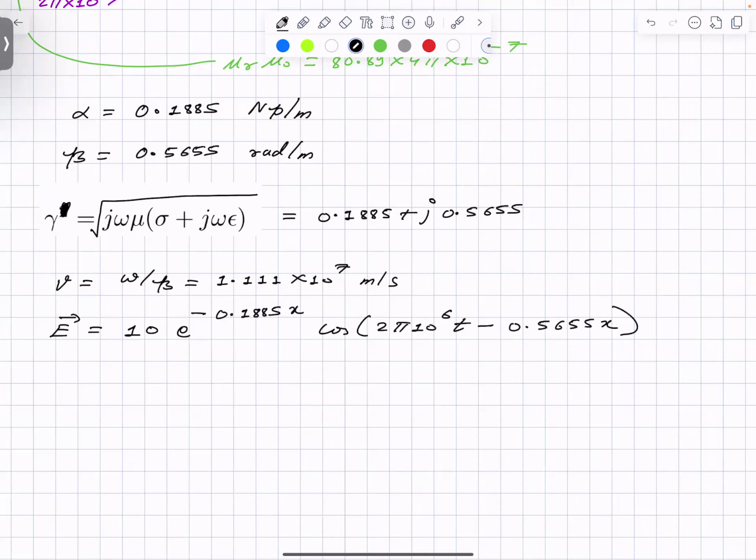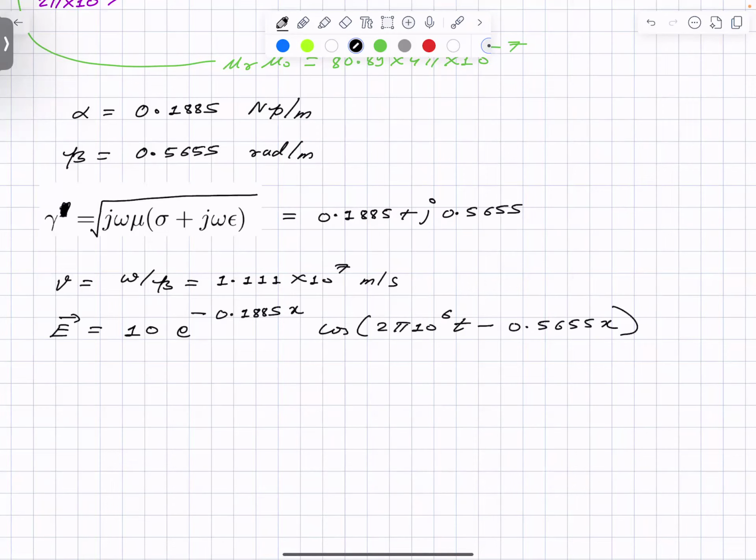Here we are in phasor domain. So in phasor domain, our equation is curl of ES equals minus j omega mu naught HS. We could still use Maxwell's equation in time domain and take the same steps that we did before, but that will be a little more tedious.